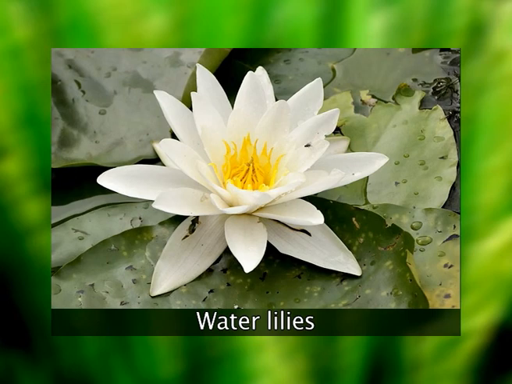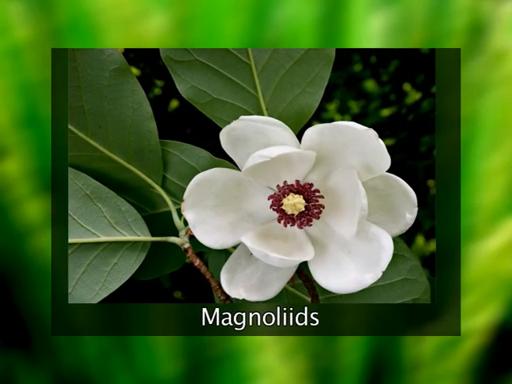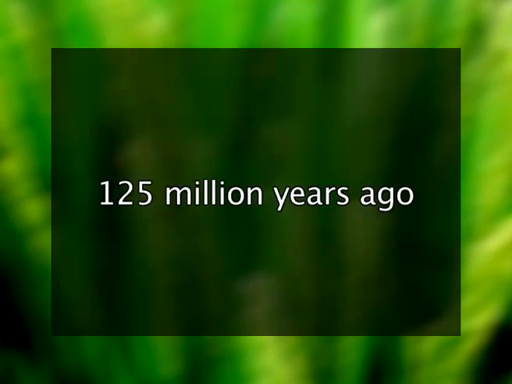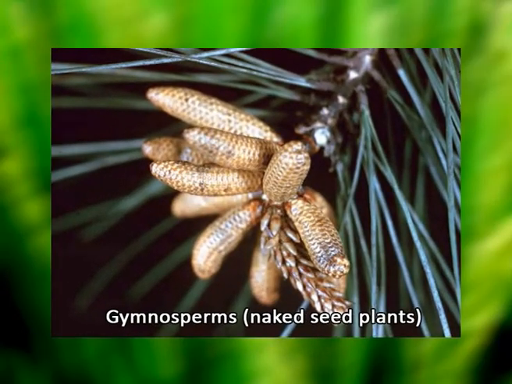For example, water lilies, magnoliids, and the eudicots were present by 125 million years ago. Traditionally, the closest relative of angiosperms, as I have already mentioned, were the Gymnosperms. They have been considered as the closest relative of angiosperms.